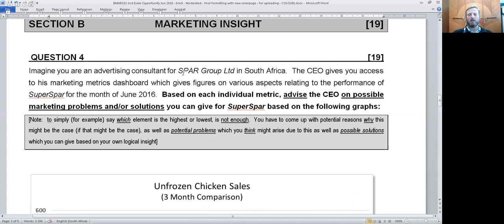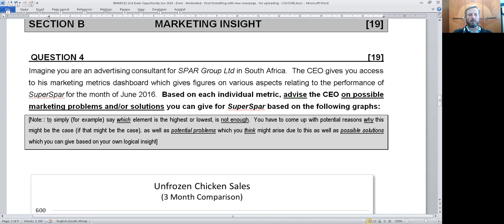Now the scenario is that the Spar Group Limited CEO gives you access to his marketing metrics, and based on each individual metric you have to advise the CEO on possible marketing problems and or solutions you can give for Super Spar based on the following graphs.